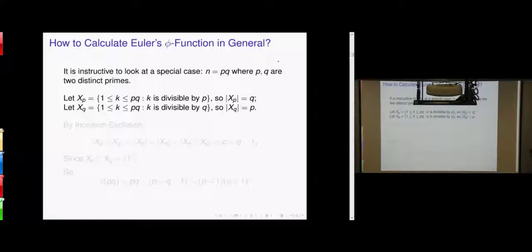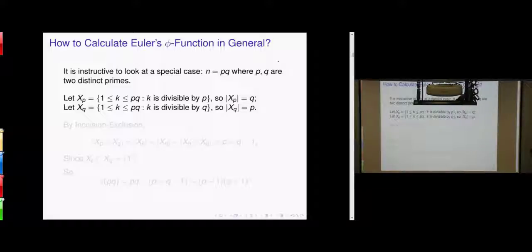So x sub p denotes the numbers between 1 and n that have a factor of p. It's easy to see that the size of x sub p is q. Altogether, you have p times q many elements, and then you just divide by p, you get q. So this is the size of x sub p.